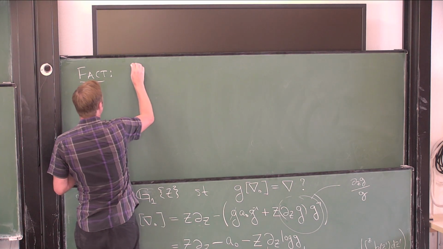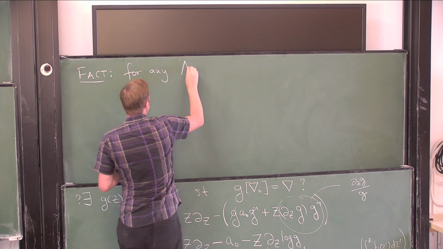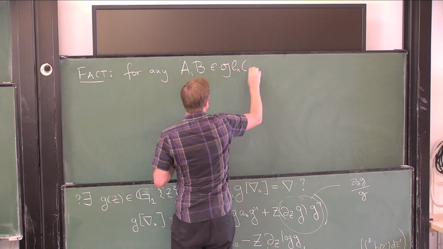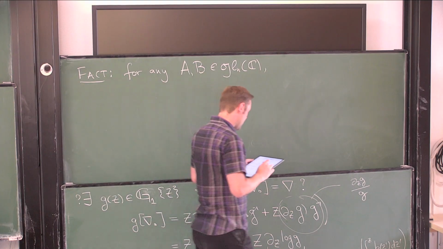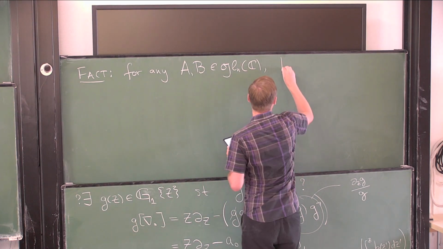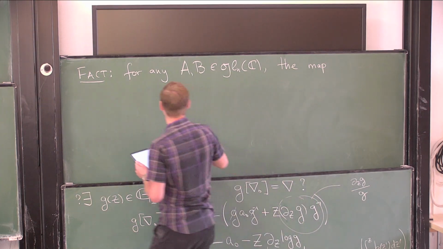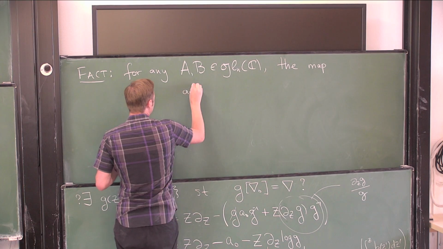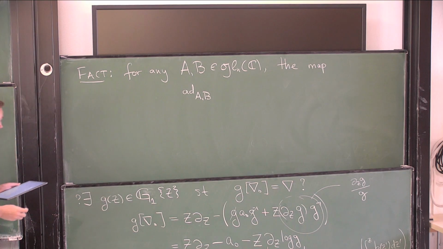If I take any two n by n constant matrices A, B, and I look at the following map, which I'll call ad_{A,B}, for adjoint.